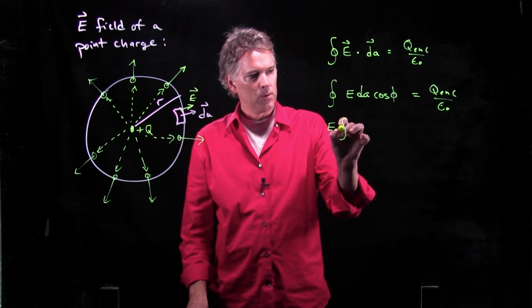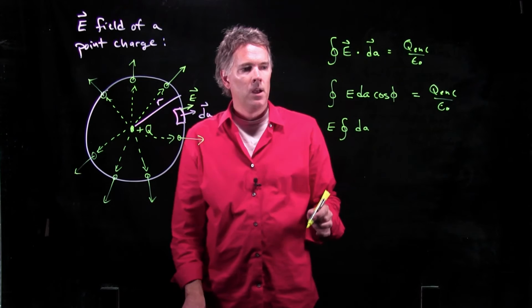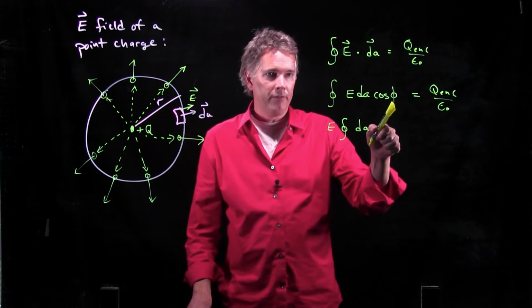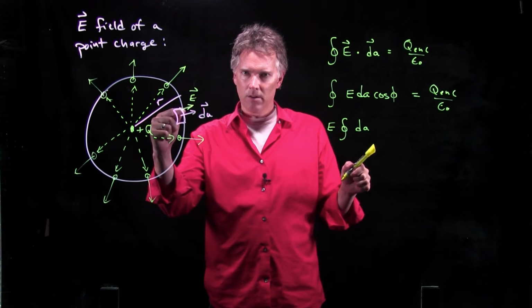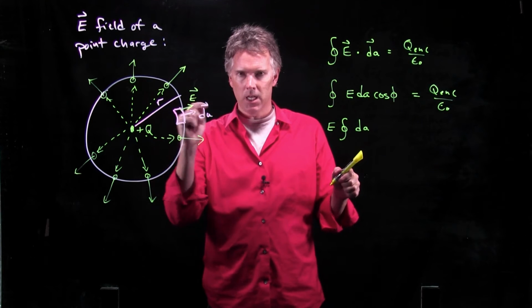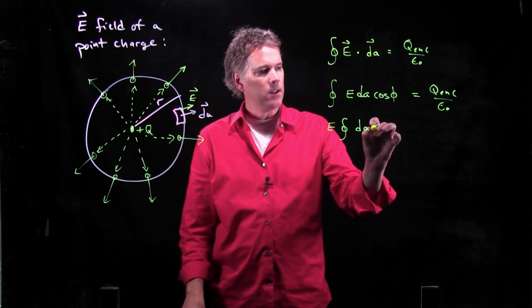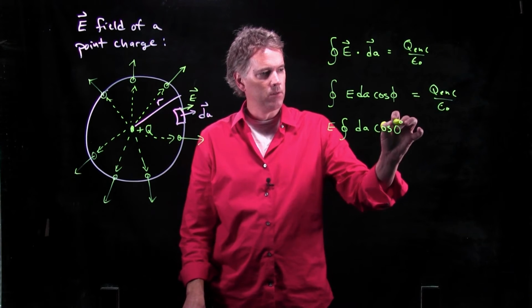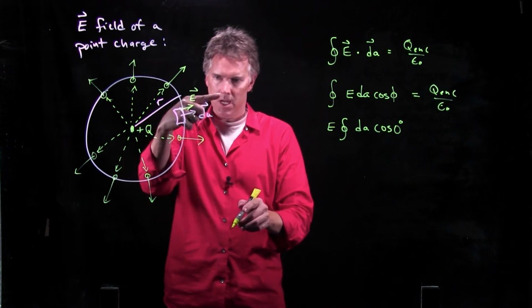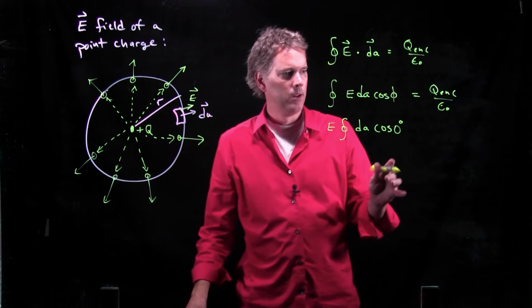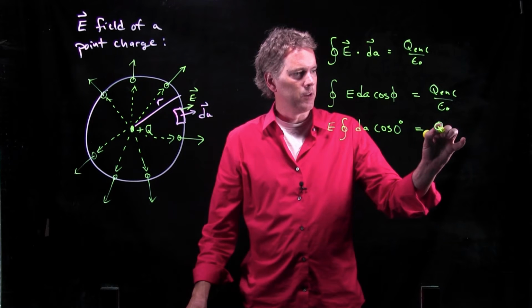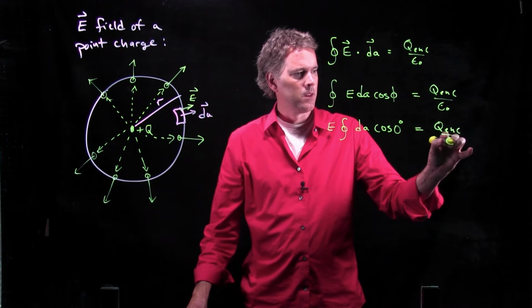E integral dA. We also said that phi is the angle between E and dA, and that is 0 degrees, right? E is this way, dA is the same way, they're parallel. All right, this is looking good. It's going to simplify quite a bit.